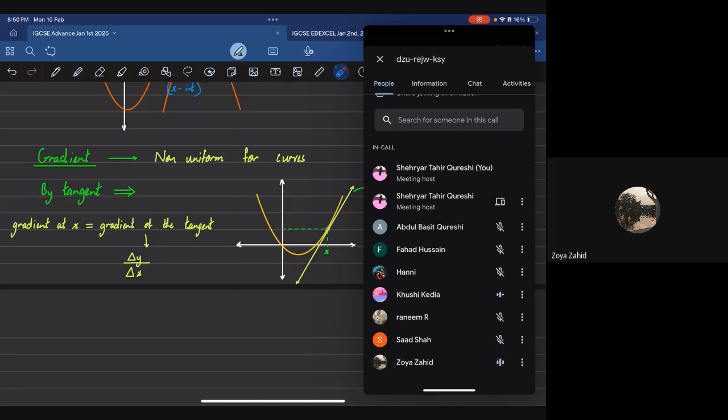Yes, sir. Yes. What's wrong with Fahad? I don't know what's wrong with Fahad. All right, Honey, let me ask you. You've stayed quiet throughout this class. Honey, why do you think the tangent seems to be a reasonable method to solve for the gradient? Why do I hate it?